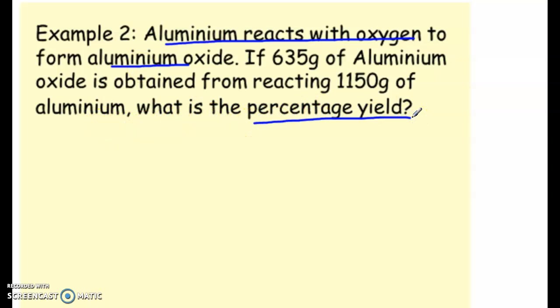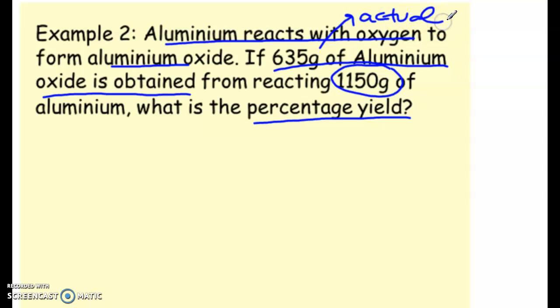We have the amount of reactant, and they're telling us how much was actually made. So this 635 grams is our experimental, or actual, yield. We have to first calculate how much we should have gotten by doing stoichiometry, and then we can do our percent yield at the very end.